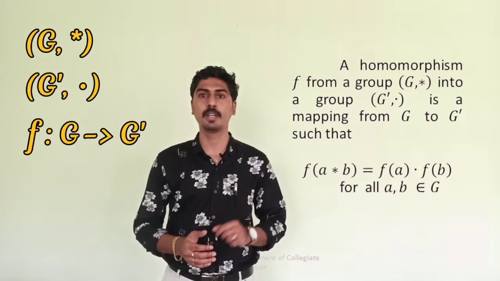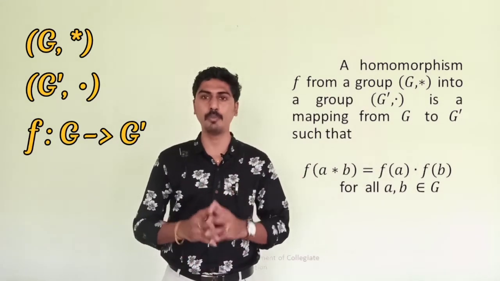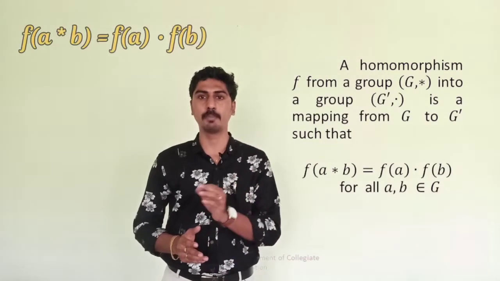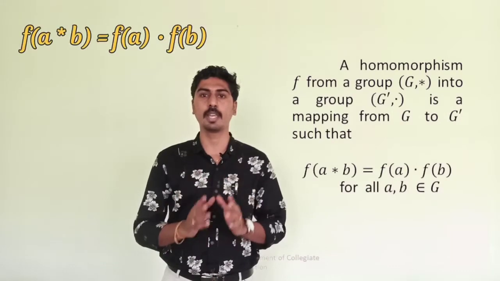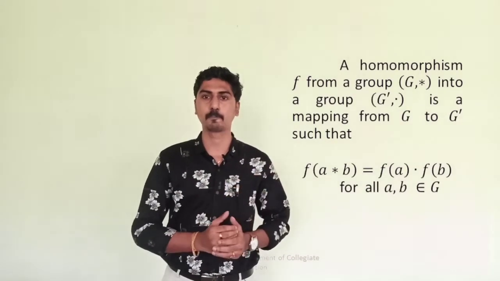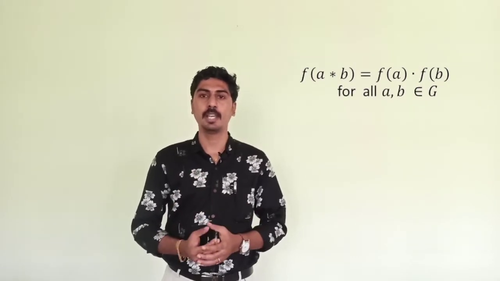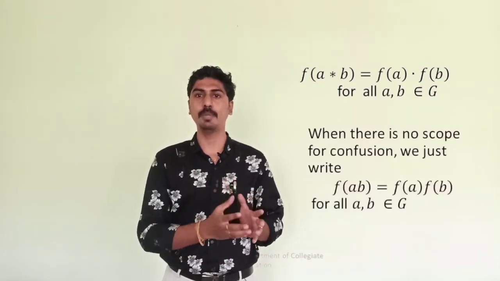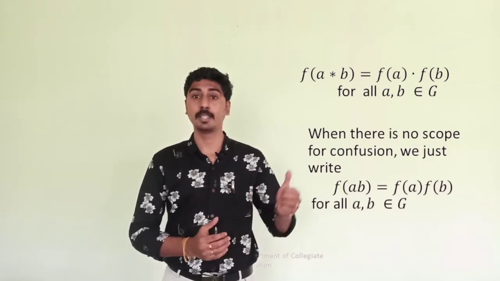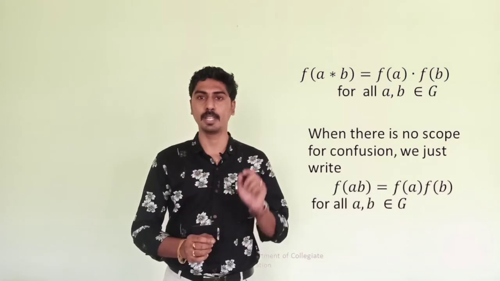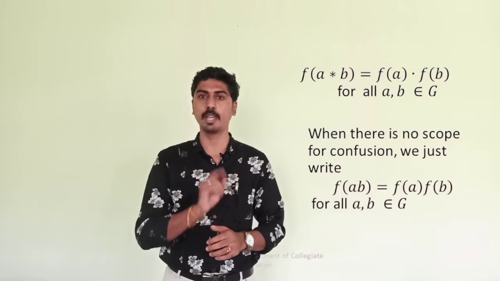Then the function f from group G into group G dash is said to be a homomorphism if f of a star b is equal to f of a dot f of b for all a, b in G. Suppose if there is no scope for confusion, we just write f of ab is equal to f of a, f of b. In the LHS, ab means a star b. In the RHS, f of a, f of b means f of a dot f of b.